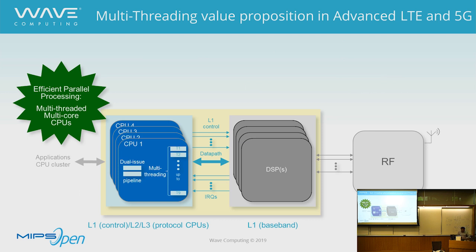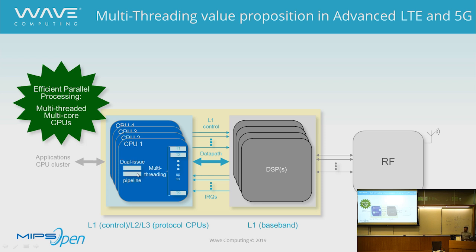This is a use case that's actually in production today. It's benefiting from a number of things, but one of the main things is multi-threading. In this case, you have an RF front end, baseband type processing, and then the control.